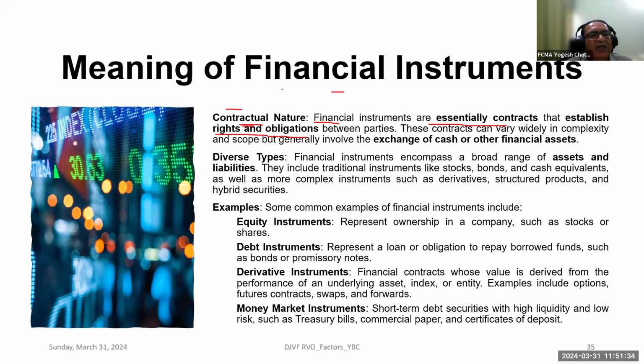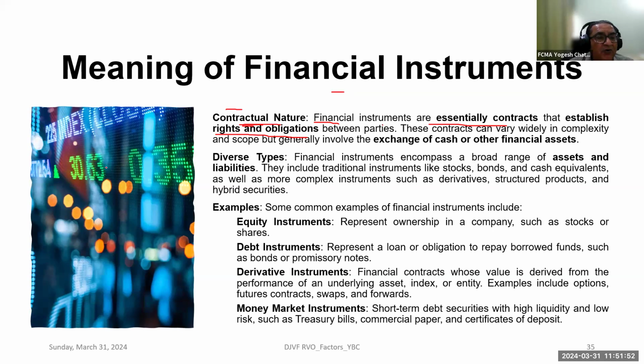If we take one example, like a financial derivative, in a future contract or forward contract, both the parties, buyer and seller, will have a right and obligation.